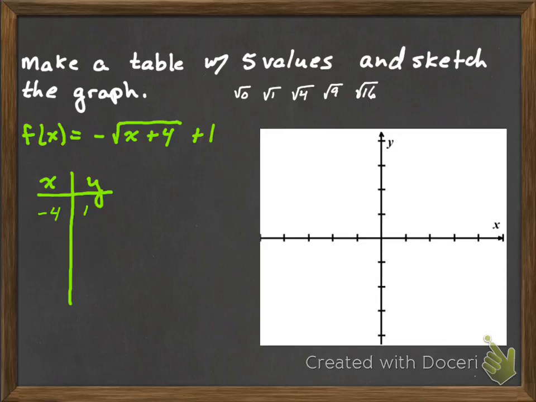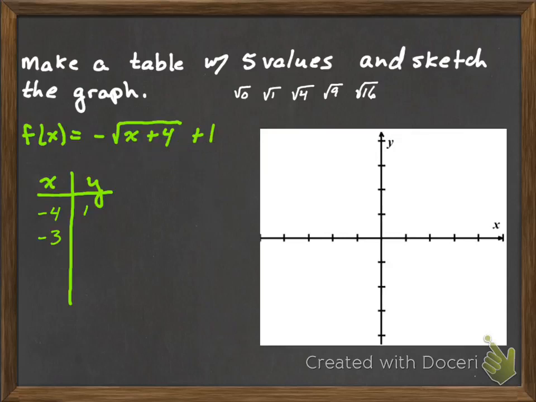All right, so now we want to try to get a square root of 1. In order to get a square root of 1, my x value needs to be a -3. So that's what we put next. So -3 plus 4 is 1. The square root of that is 1. This makes it -1.